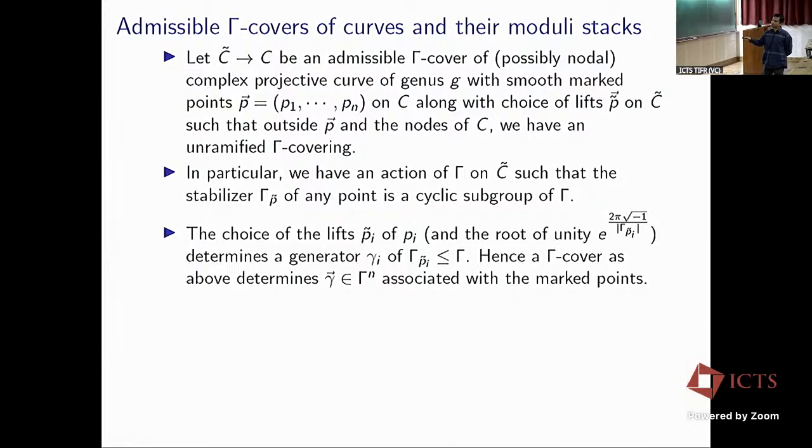Basically, it's determined by this particular root of unity. So once you have such an admissible cover, associated with each marked point above we have an element of our finite group, and we get gamma 1, gamma 2 up to gamma n associated with such a cover.